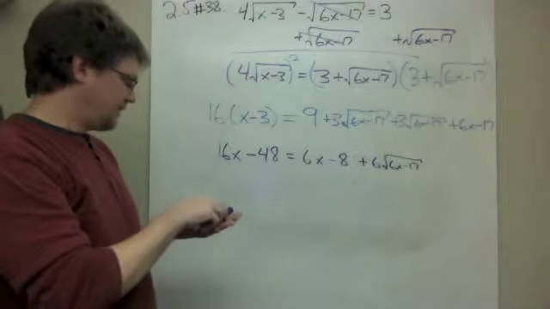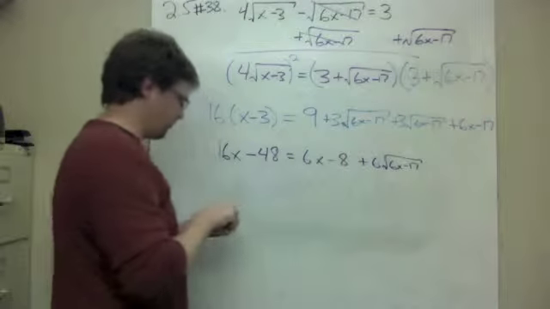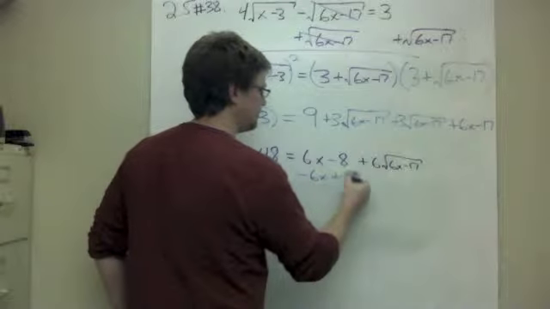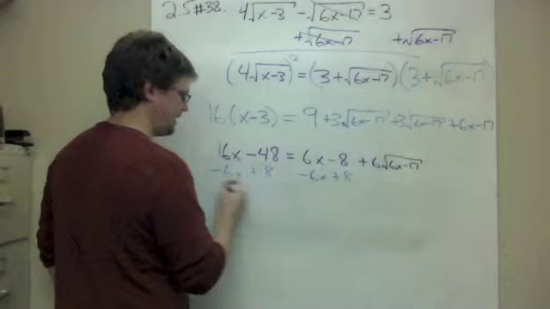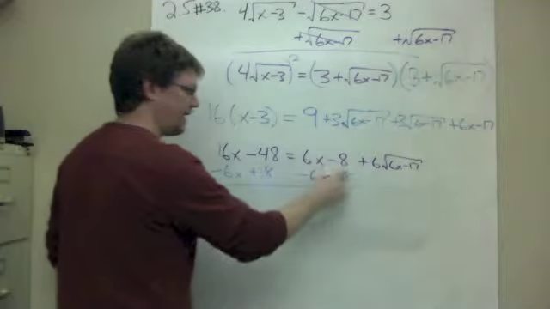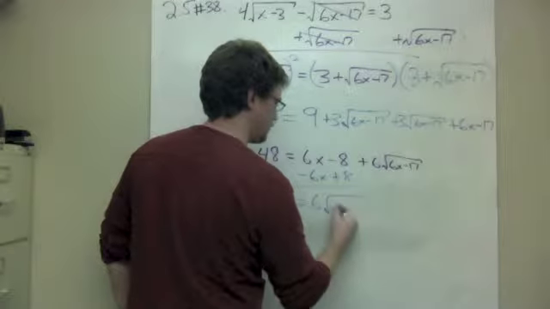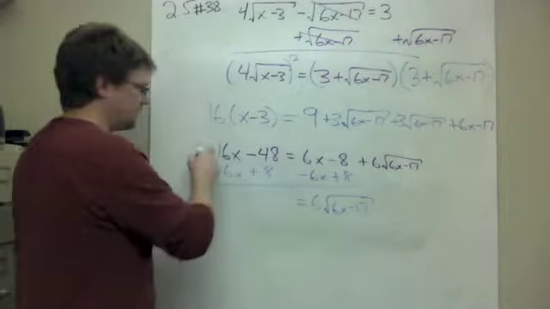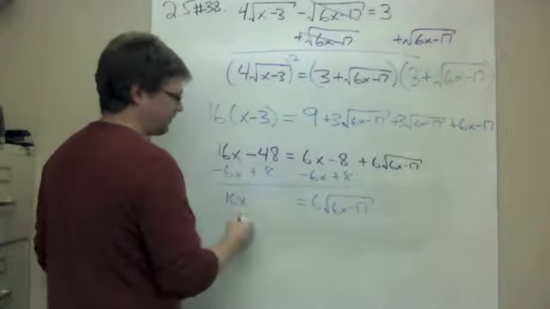Okay, so let's subtract 6x and add 8 to both sides. Minus 6x plus 8. Okay, they'll cancel out over here, leaving us our 6 times the square root of 6x minus 17. 16x minus 6x is 10x.